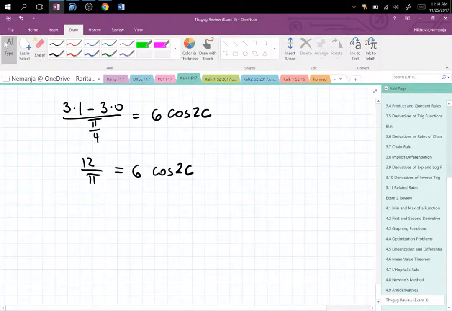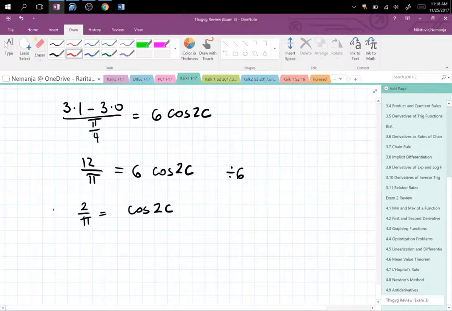Now you divide both sides by 6. Our goal is to solve for c. We are looking for the point c on the x-axis where the instantaneous rate of change and average rate of change have the same value. So when I divide by 6, I get 2 over pi equal to cosine 2c.